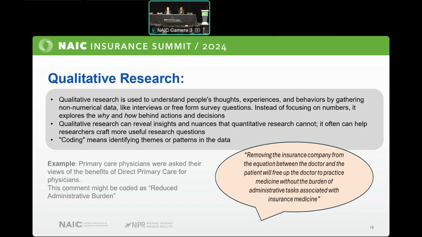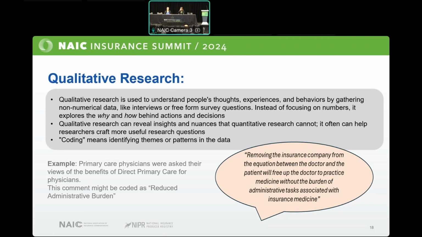And so the question was posed to physicians, what could be some of the advantages to physicians of this model of practice? And here in the quote bubble is one of the responses that was received. So the idea of coding is to just boil this down to the theme of what this represents. So this one could be boiled down to reduced administrative burden. That would be one of the themes that came out of this particular research.